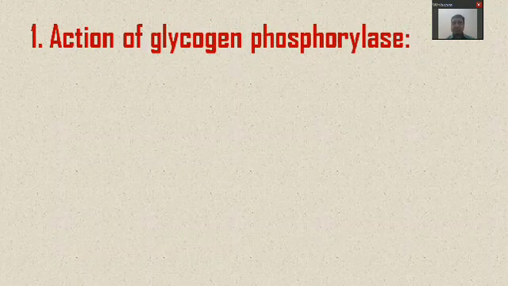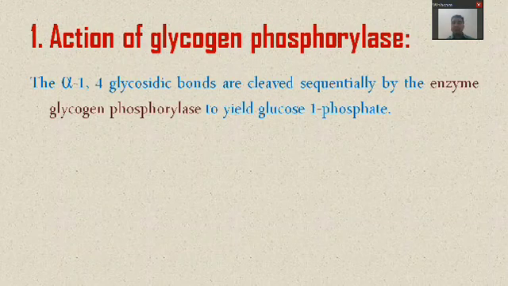In the first step, the enzyme glycogen phosphorylase acts, which breaks the alpha 1,4 glycosidic bond to yield glucose 1 phosphate.